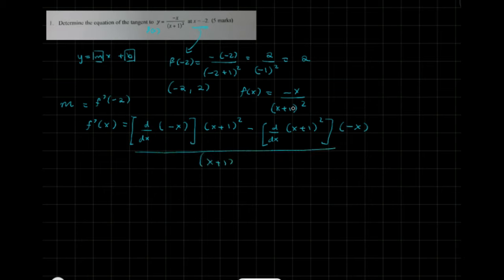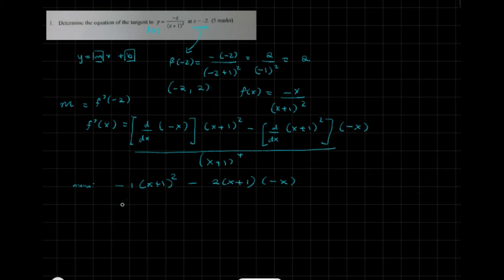If you square x plus 1 squared, you get x plus 1 to the power 4. Okay, if I clean up the numerator a little bit, we get negative 1 times x plus 1 squared minus, you're going to be using the chain rule here, so 2 times x plus 1, because the derivative of the inside of this is 1, we don't have to write it, times negative x.